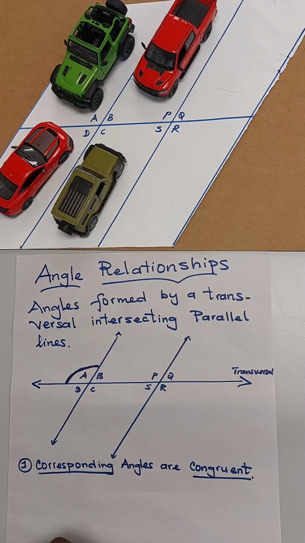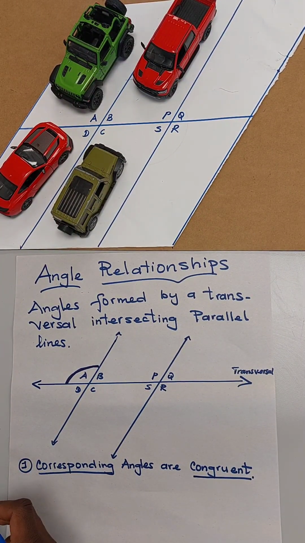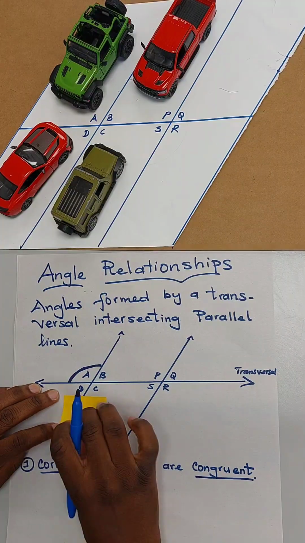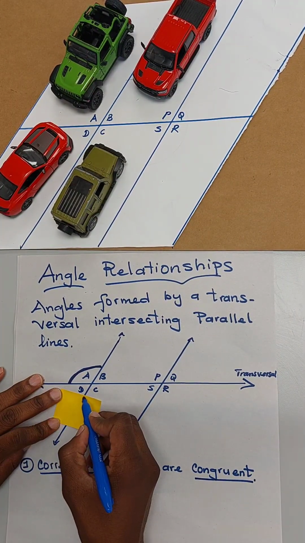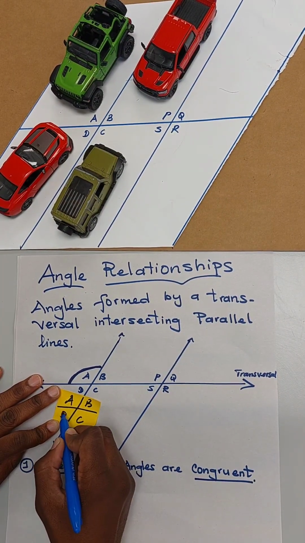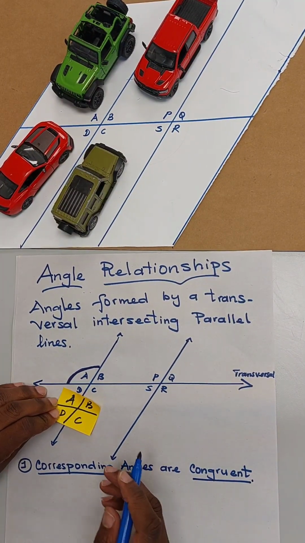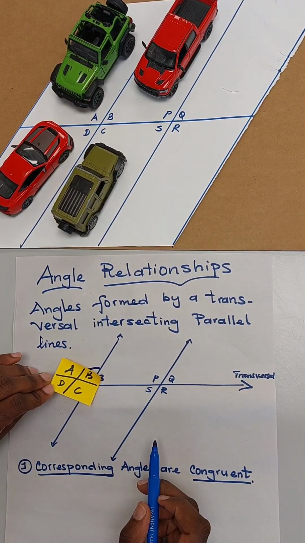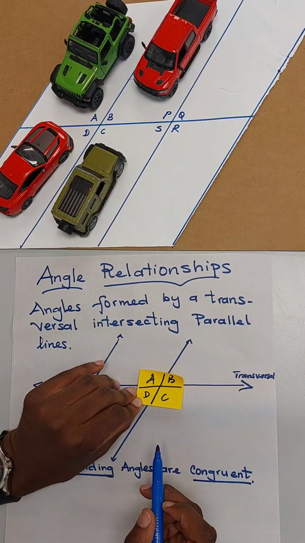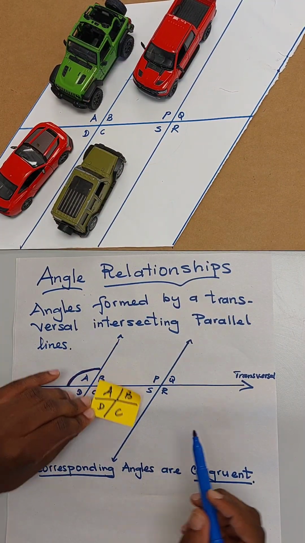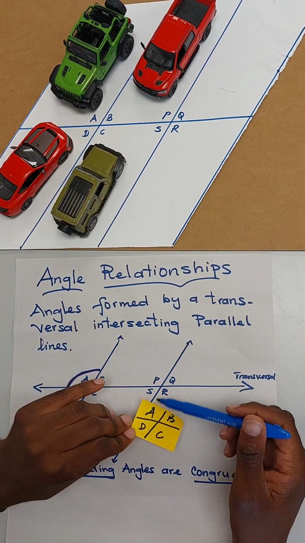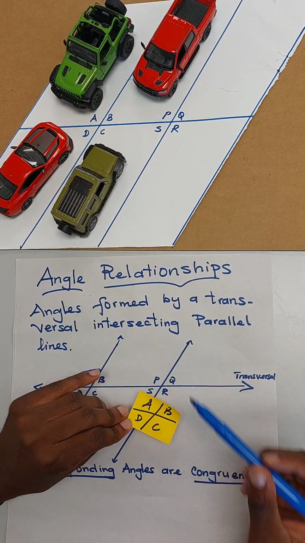Think about it this way for corresponding angles. If this intersection right here looks like this, then this will be A, B, C, D. So if I were to move this A, B, C, D and place it on these angles over here, then I see that the B will fall on Q. So B corresponds to Q. The A will fall on P, so A corresponds to P, and so on.